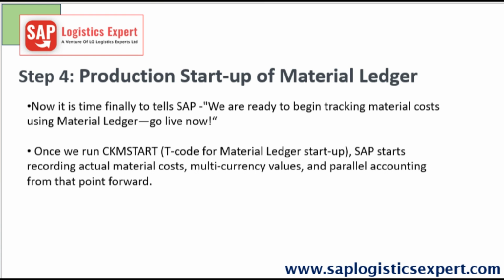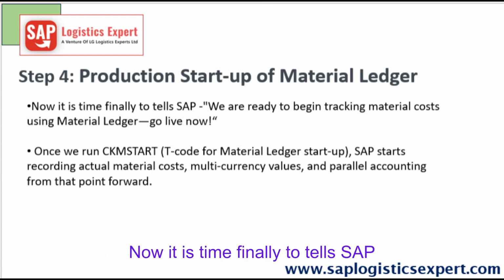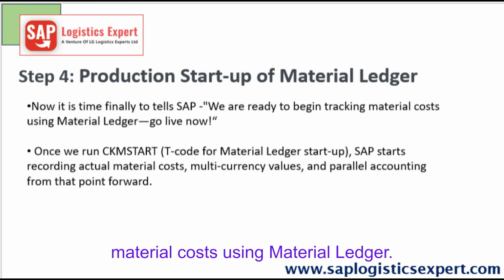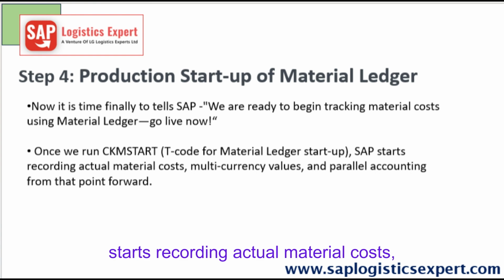Step 4. Production startup of Material Ledger. Now it is finally time to tell SAP that we are ready to begin tracking material costs using Material Ledger. Go live now. Once we run CKMSTART, the T-code for Material Ledger startup, SAP starts recording actual material costs, multi-currency values, and parallel accounting from that point forward.